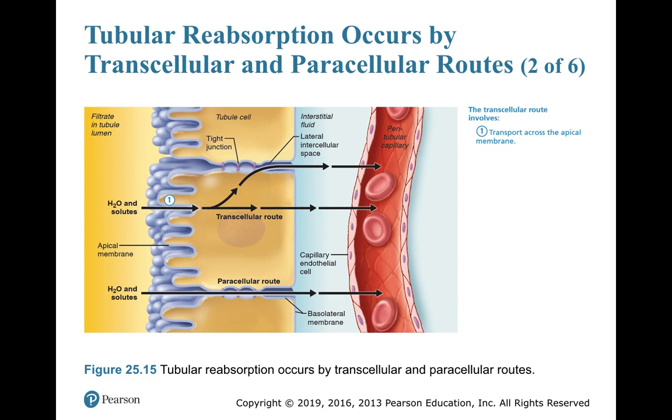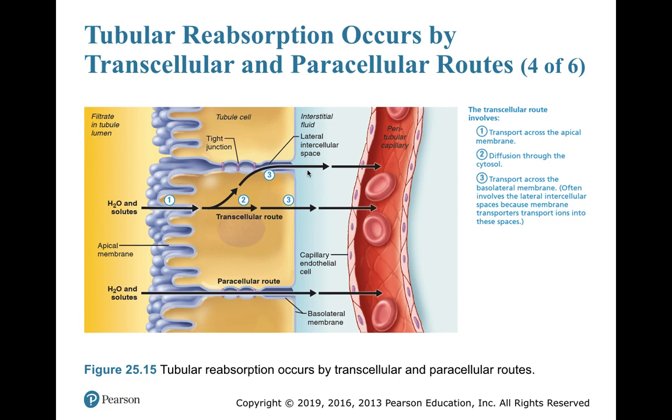We're going to walk through this. So transport across the apical membrane here. This is our transcellular route. Diffusion through the cytoplasm or cytosol, and transport across the basolateral membrane, which often involves lateral intracellular spaces because membrane transport moves ions into these spaces.